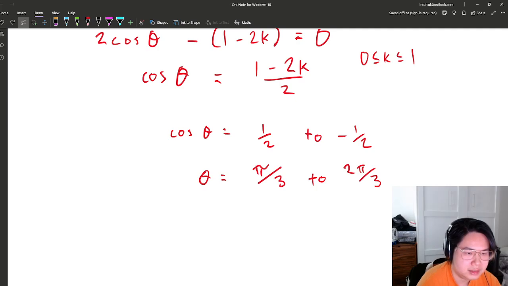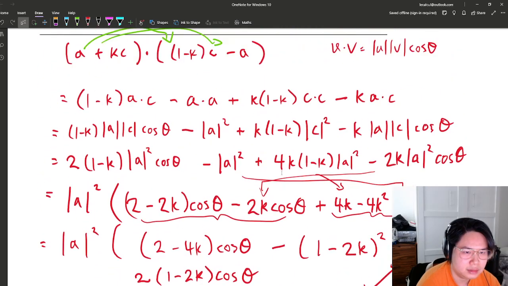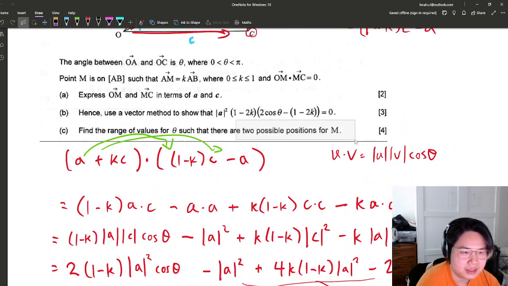Okay, but then this is one solution. And then they said something about 2 possible solutions. I mean, there's also this solution here when k is 1/2.